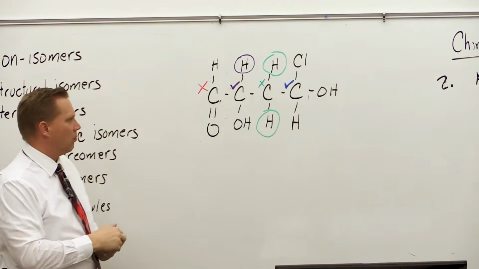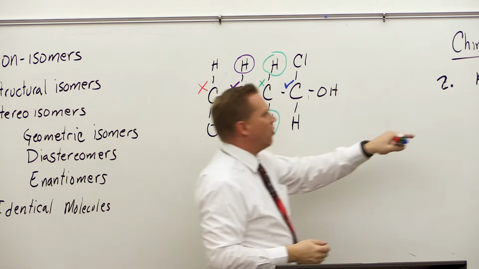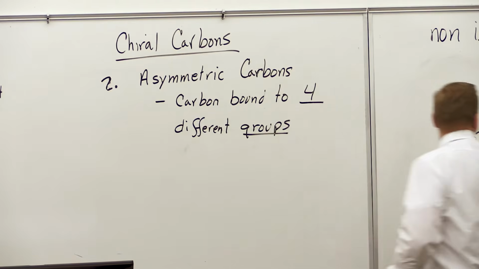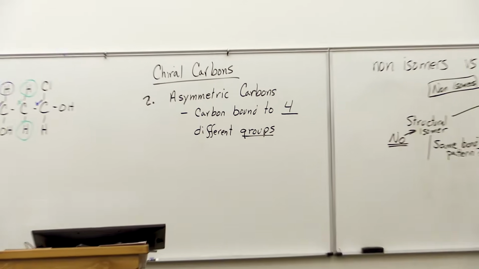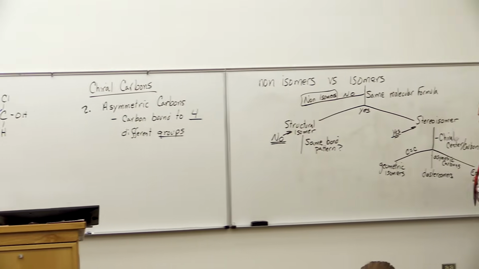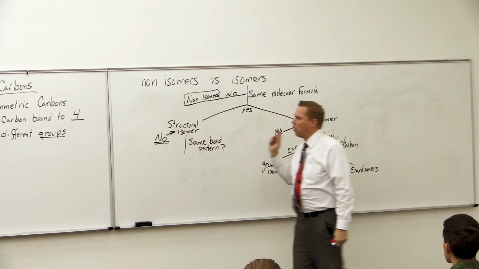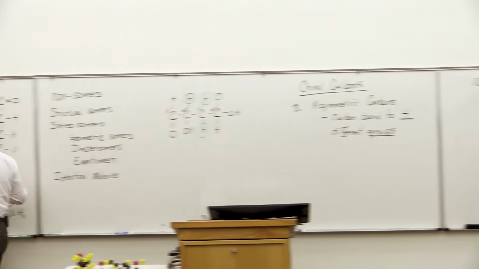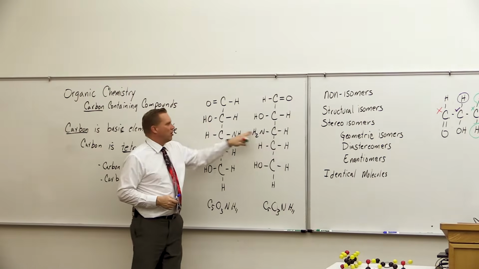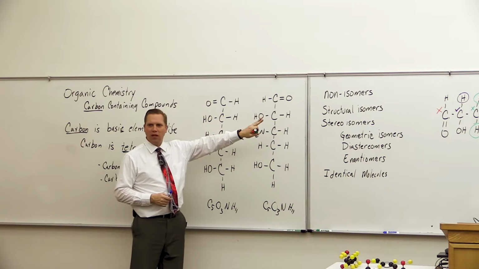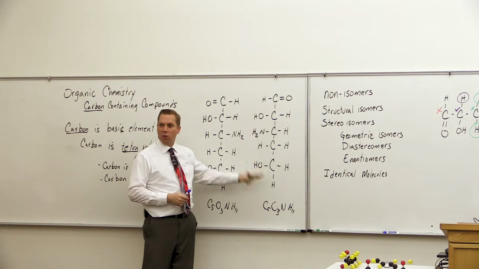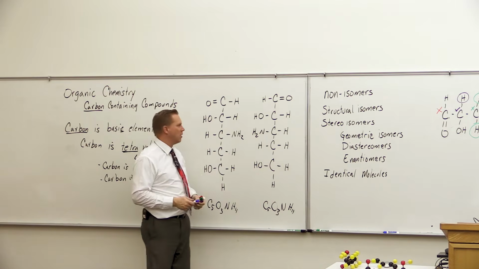Now, the ability to identify asymmetric carbons becomes important when we're considering whether something is a diastereomer or an enantiomer. However, we're not done yet. We have to look over our 2 pairs, and let's practice this ability to identify asymmetric carbons with the pair of molecules that we're trying to differentiate and apply it.